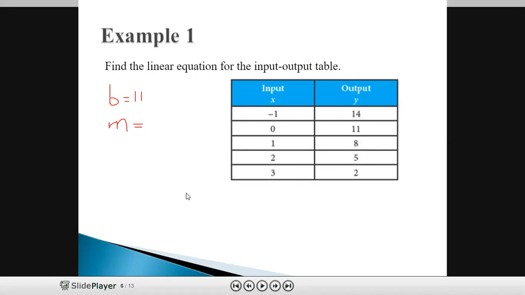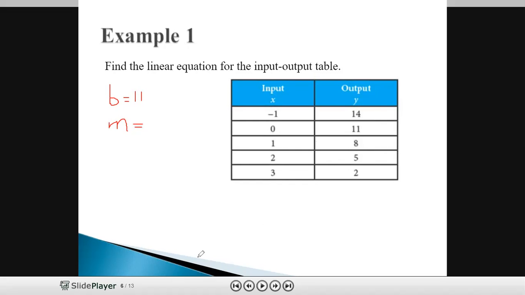We have another way in a table. If you have a table and you want to calculate the slope or the equation directly, you can look at the difference between the y values. So please focus on y only, and we will try to find the difference between them. Could you please tell me?